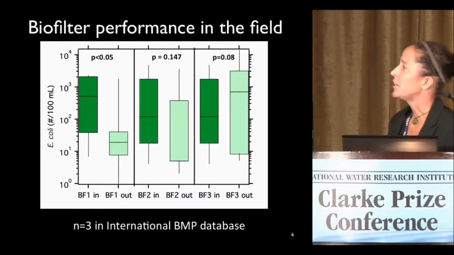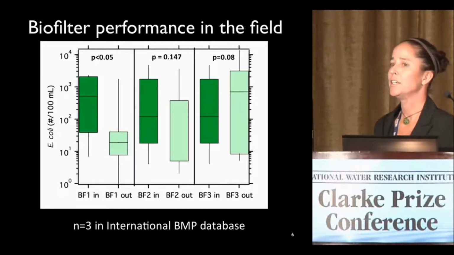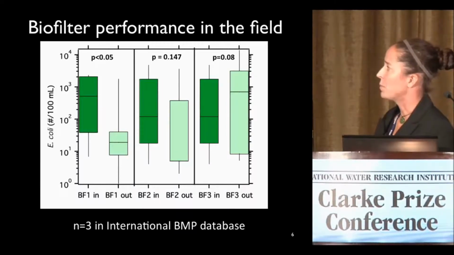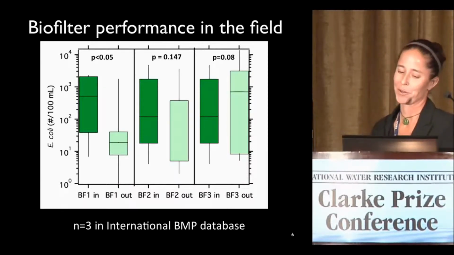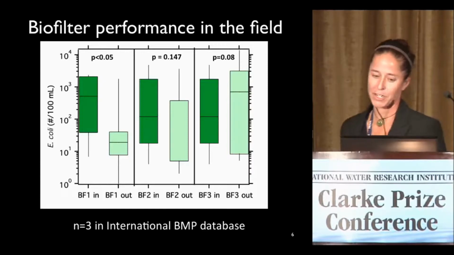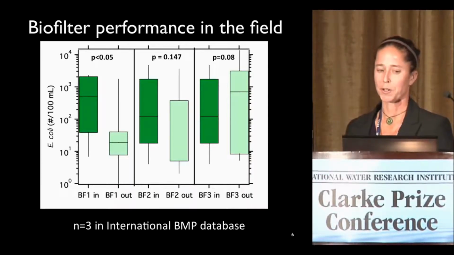And what you'll see here is that there's one biofilter where the concentration of E. coli coming out is much lower than what came in, significantly lower. In one of them, there was no significant difference. And in one, it was significantly higher coming out than going in. So not achieving what is hopefully the design criteria, which is to remove these sorts of organisms from stormwater.